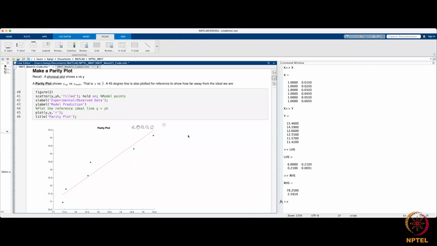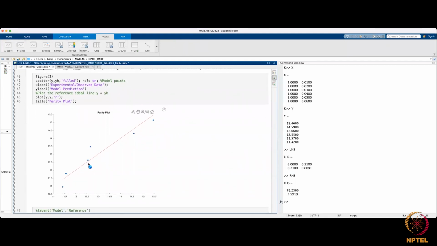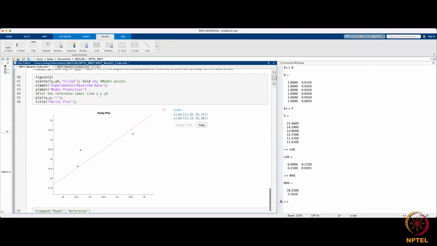What we notice is there is some scatter here, which is far off from the model, from the ideal line. The red line, on the other hand, you can see here, is basically the ideal line. This ideal line differs from how we are predicting, and you can see that at certain points.